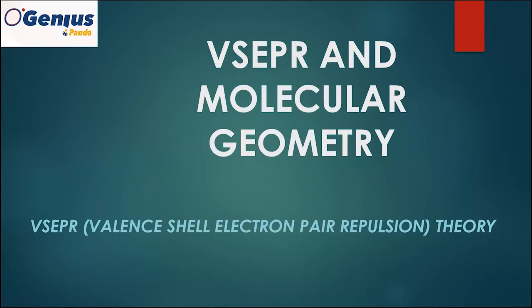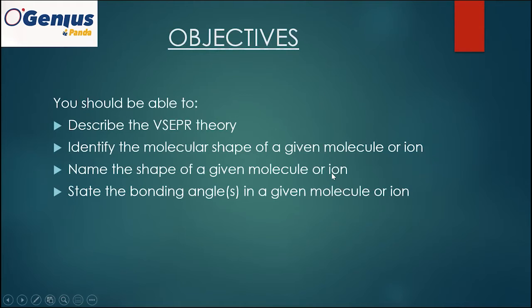Valence shell electron pair repulsion theory, that is what we have on the screen. And here we have the objectives of our video tutorial. At the end, you should be able to describe the valence shell electron pair repulsion theory.